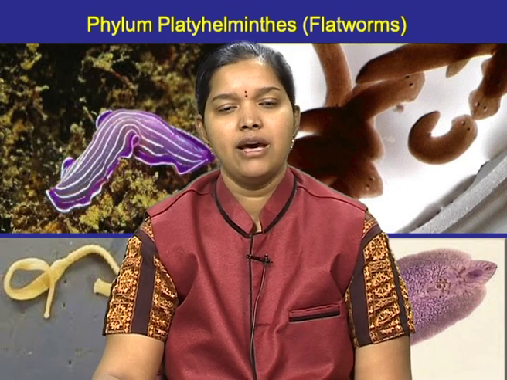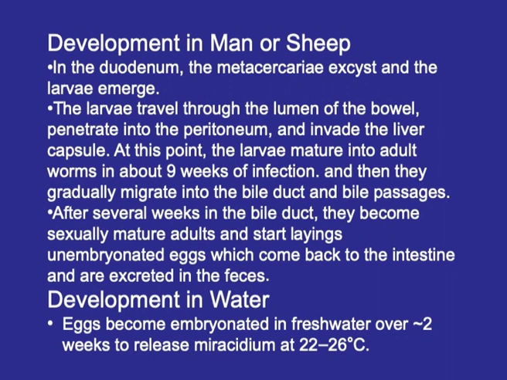So, how does this larva develop in man and sheep? First it enters the duodenum, and from the duodenum it excysts, and this larva enters the lumen of the bowel, and finally it penetrates through the peritoneum and enters into the liver.